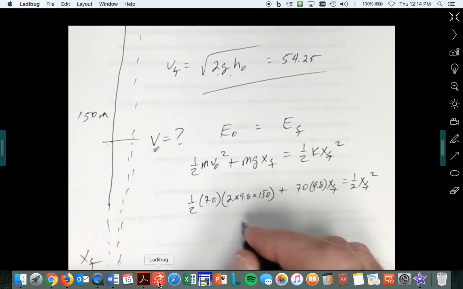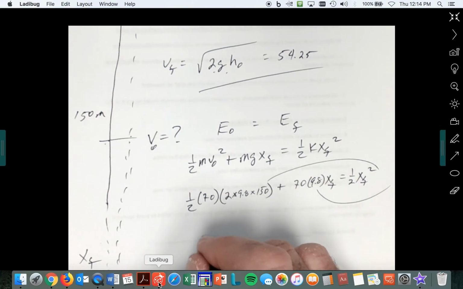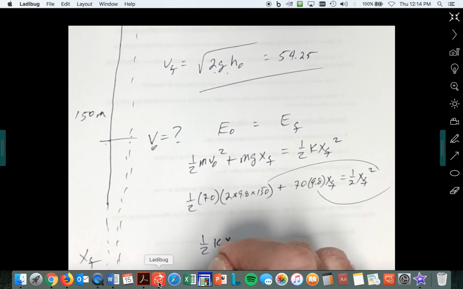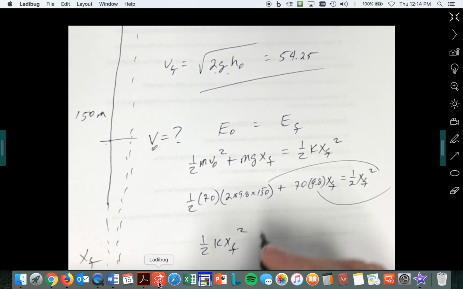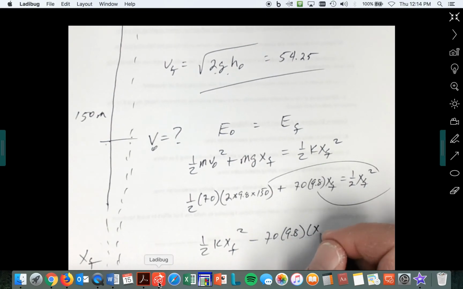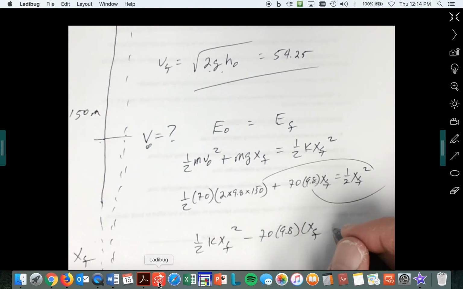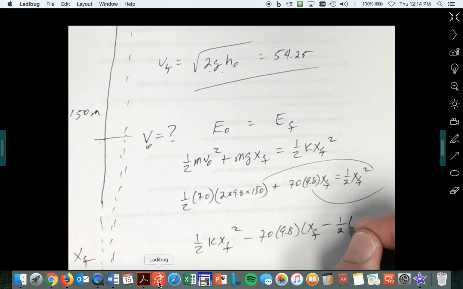So we make the quadratic equation, putting everything on one side. We've got 1/2 k x final squared minus 70 times 9.8 times x final. That's our b term. Minus 1/2 of 70 times 2 times 9.8 times 150.